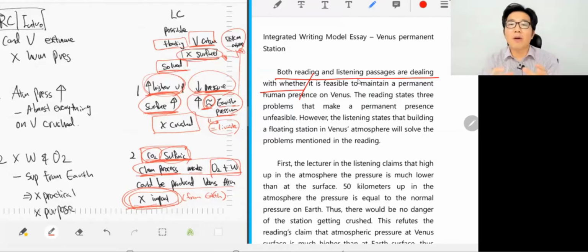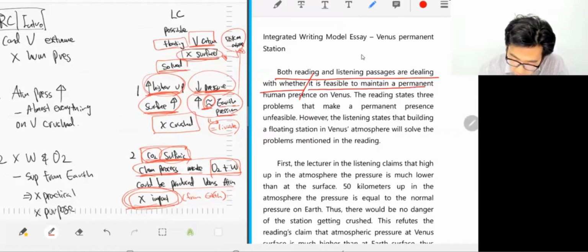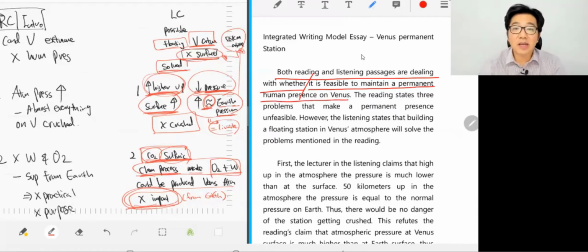So it was arguing about one point, whether this is possible or not. The topic of discussion was whether it is possible to maintain permanent human presence on Venus, right? So the template could be: both reading and listening passages are dealing with whether it is possible or not.